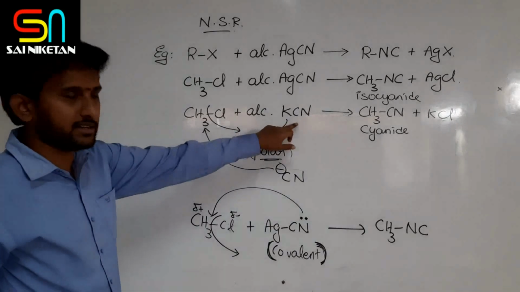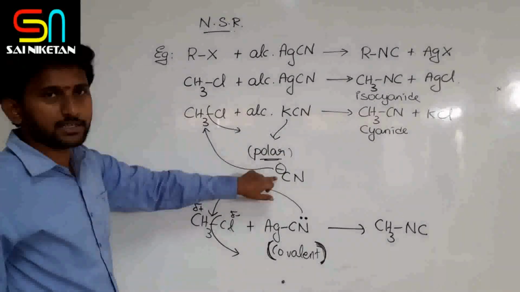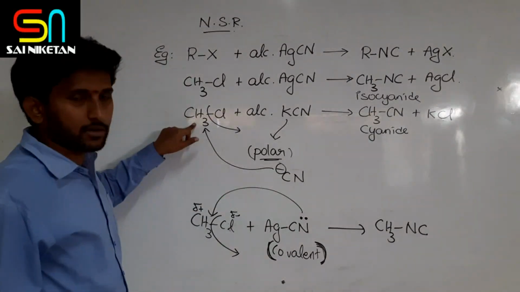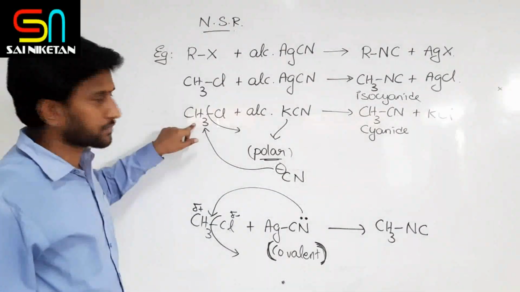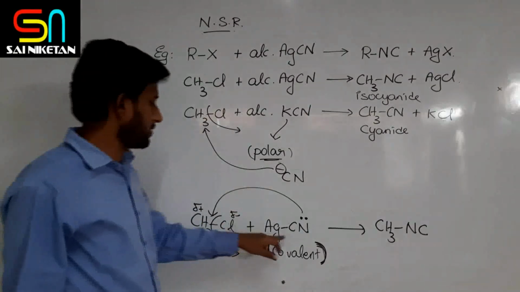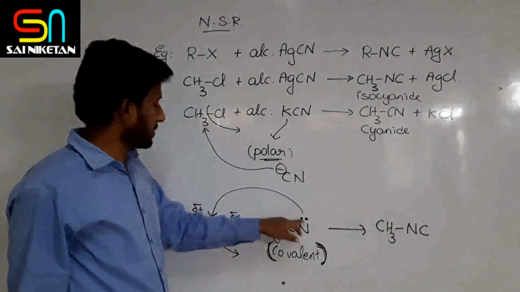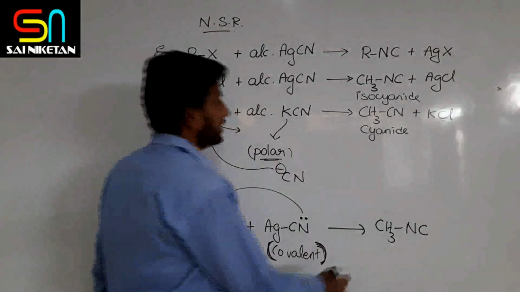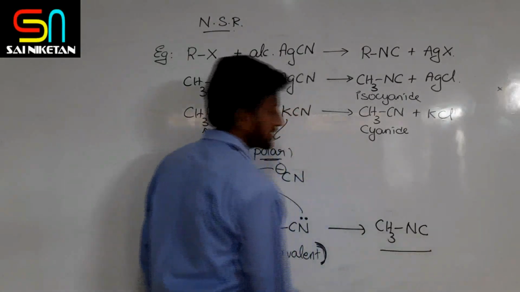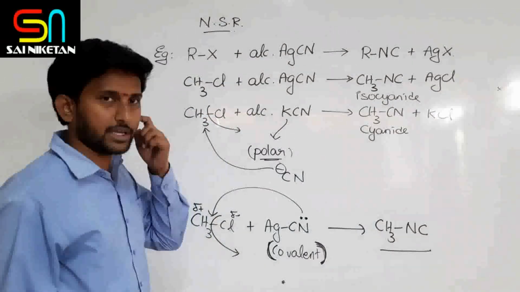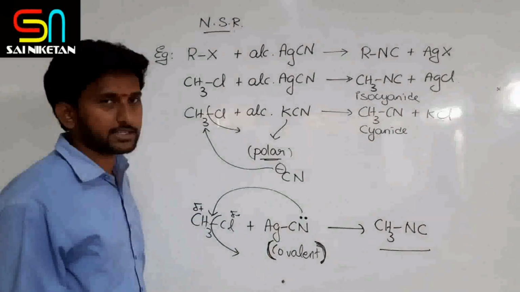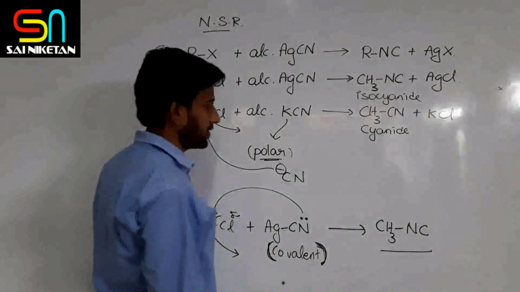Whereas in KCN, cyanide ion, carbon carries the negative charge, which is attacking on the methyl group. Whereas in case of silver cyanide, the lone pair present on the nitrogen is attacking on the methyl group. So that's why here you will get isocyanide as a major product. Whereas in case of KCN, you will get cyanides as the major product.